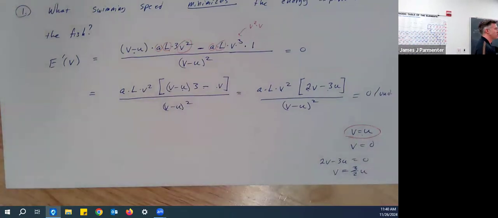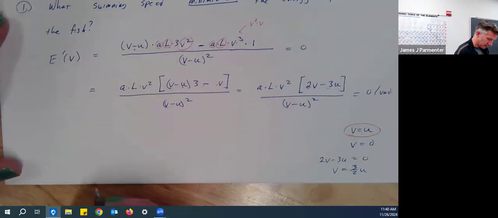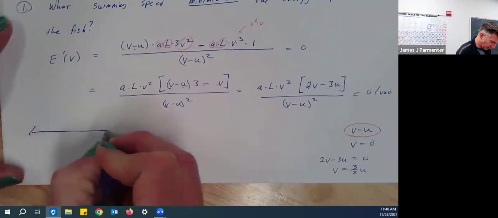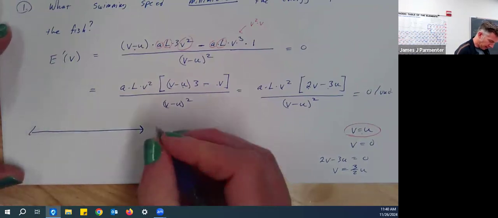This is actually a good question, because even though v equal to u isn't a true critical value, you can't have a maximum or a minimum there because you have a vertical asymptote, essentially, going towards infinite energy expenditure. You still have to include that on your first derivative sign chart. So I definitely don't want to use a second derivative test here. I'll use my first derivative test.